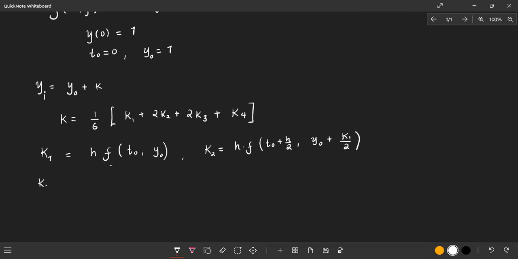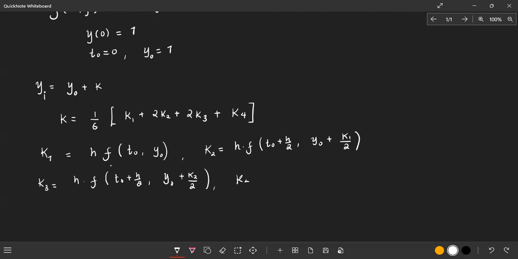Similarly, k3 will be equal to h times f of t naught plus h over 2, comma, y naught plus k2 over 2. As you can see here, for us to get k3, we need k2.